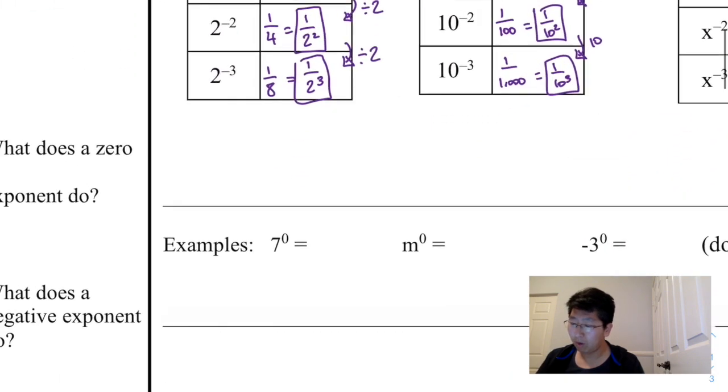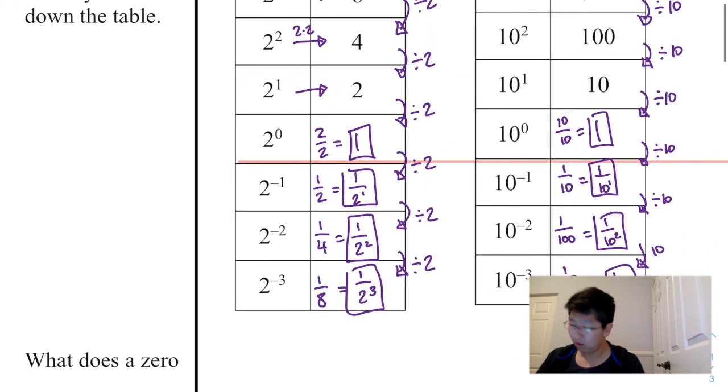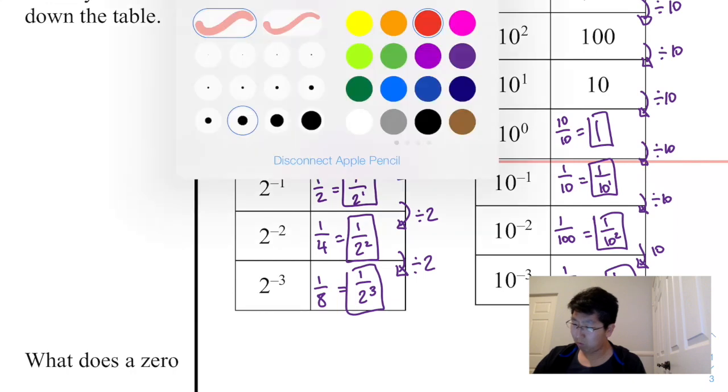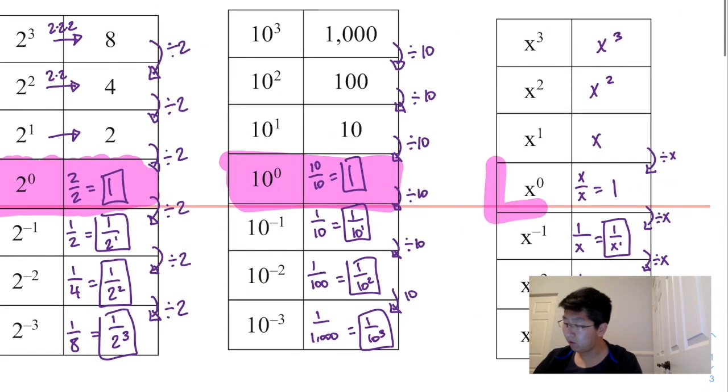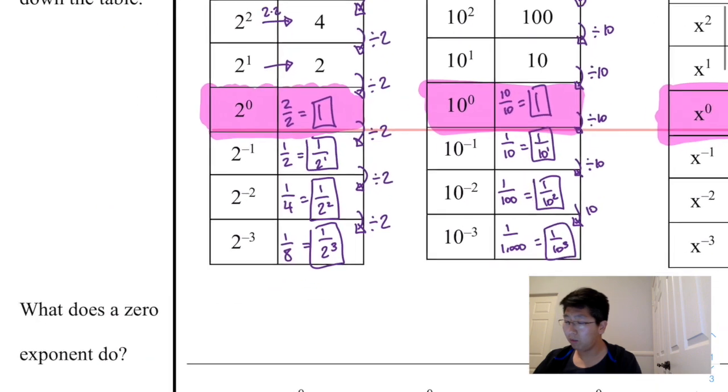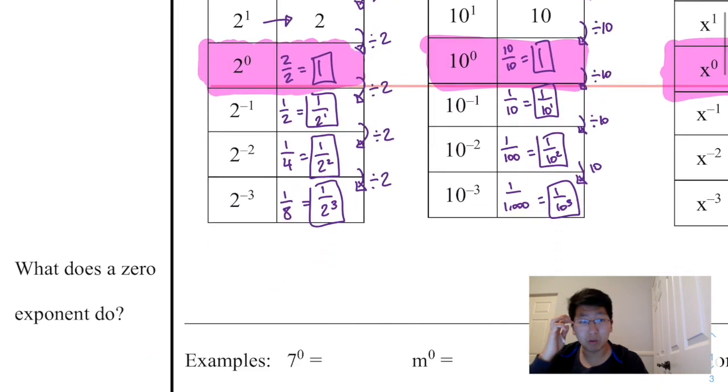So when we have a 0 exponent, let's go 0 exponent with pink. What happens right here? We have x to the 0 here, 10 to the 0 here, and I'm getting all my letters and numbers confused. You know what I'm talking about. So what happens when we have 0 exponents?